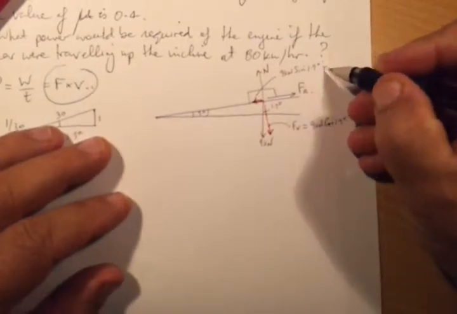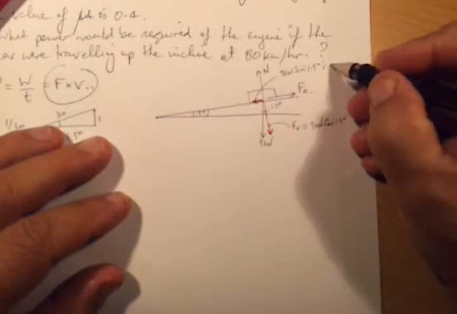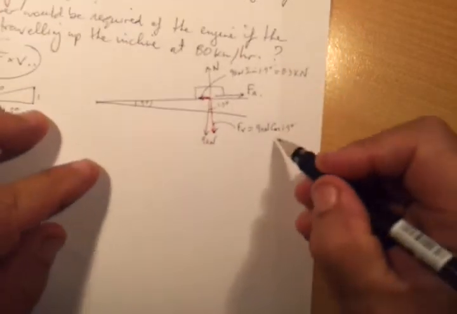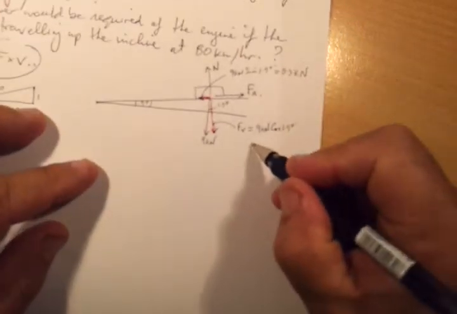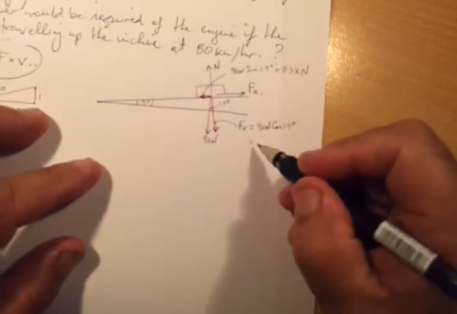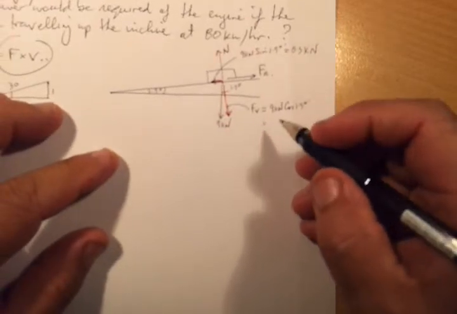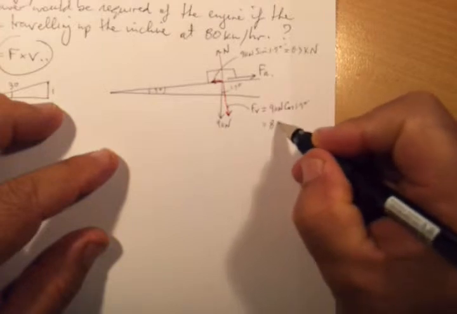We can calculate those out. That one there, 9 kilonewtons sine of 1.9 is 0.3 kilonewtons, and this one over here is going to equal 8.99 kilonewtons.